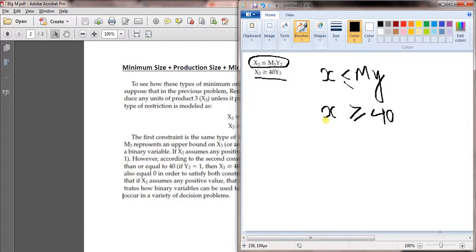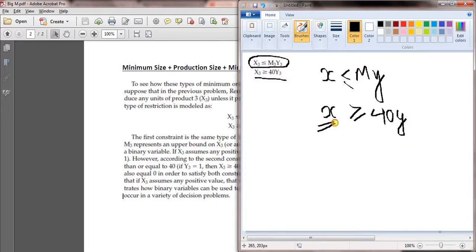So to translate that, in a normal scenario, if you say x has to be greater than or equal to 40, then this much suffices. But our scenario is: if you produce x, it has to be at least 40. That is, you associate 40 with y. Y is a binary.